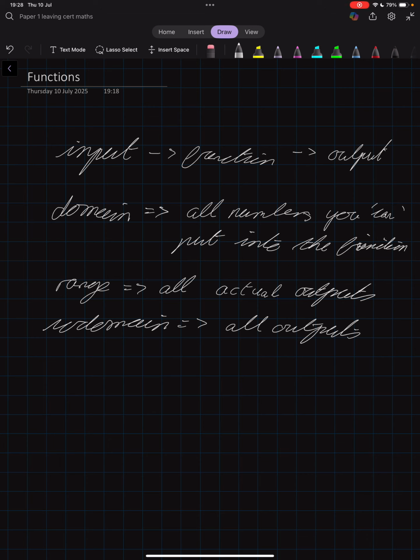So the range is basically, you plug in whatever numbers, let's just say you plug in 1 and 2, and then you get out whatever. Your codomain is all possible outputs. So you might say, I'm only plugging in 1 or 2, but your codomain is basically saying, but what if you plugged in all the numbers that you possibly could plug in? Then what would you end up getting?